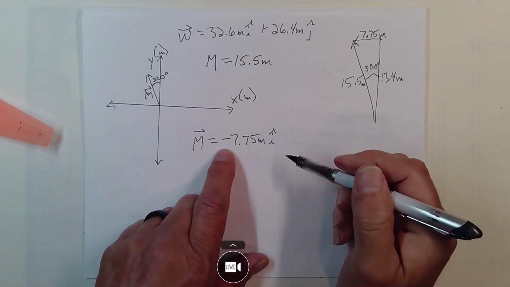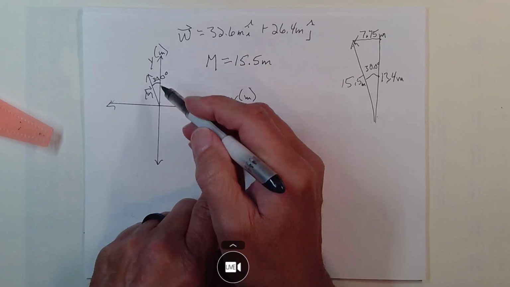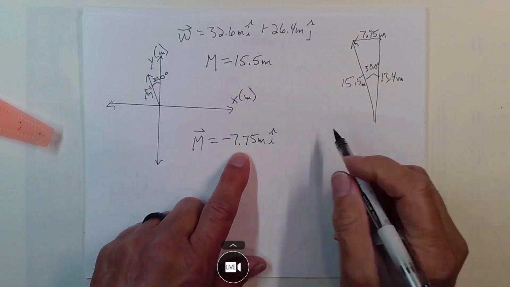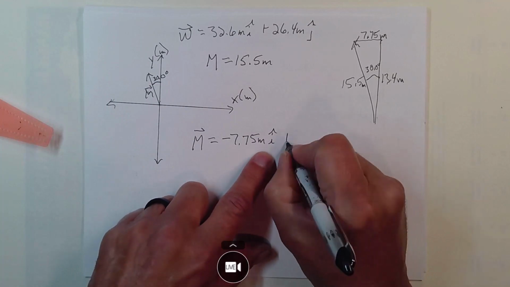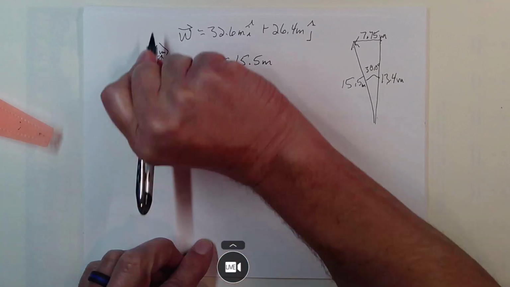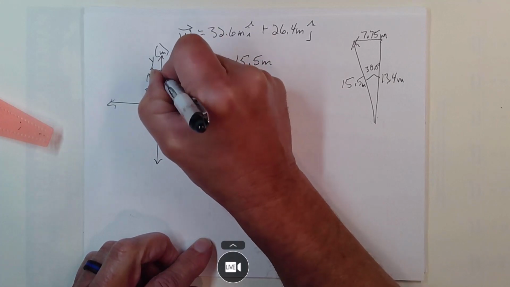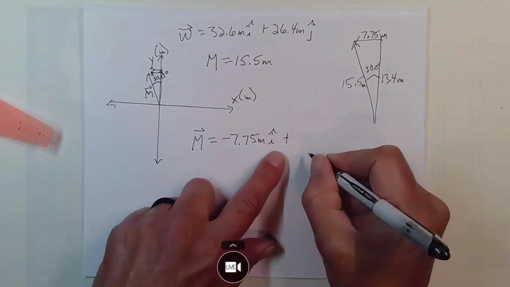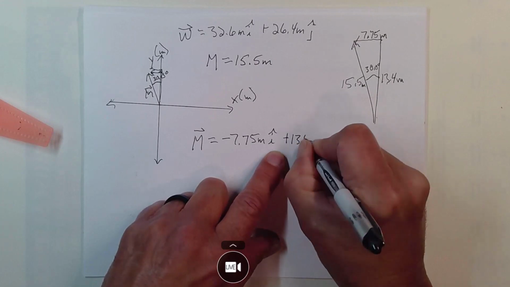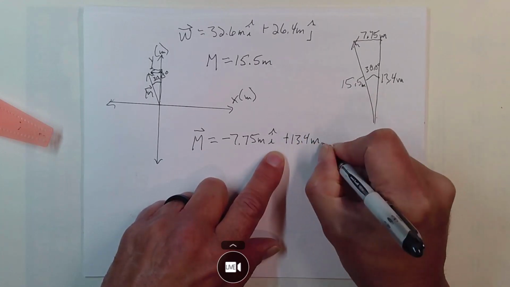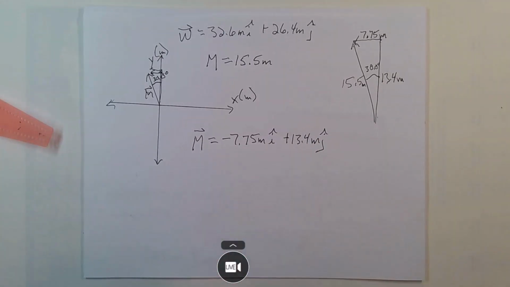That gives me a vector that's equal to this one pointing right along here that I didn't bother to draw in. It's got a positive y-hat component though, so we'll have, because it's pointing up, the y component would be, whoops. Anyway, plus 13.4 meters in the j-hat direction. And there's M.